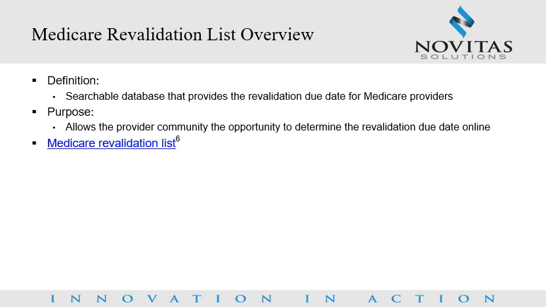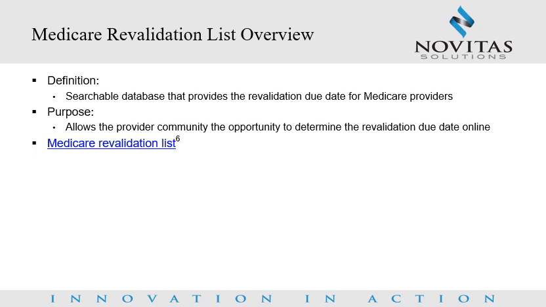Medicare Revalidation List Overview. The Medicare Revalidation List is a searchable database that provides the revalidation due date for Medicare providers. The list allows the provider community the opportunity to determine the revalidation due date online.